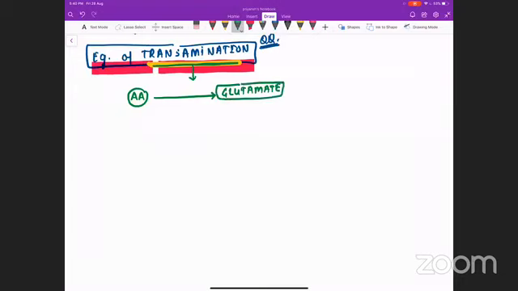So this is the agenda: various different amino acids will be there as a substrate, and we need to convert them into glutamate. This is the task. Let's say, for example, there is the amino acid aspartate.